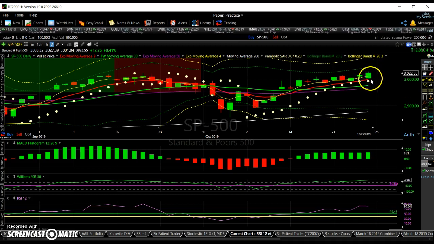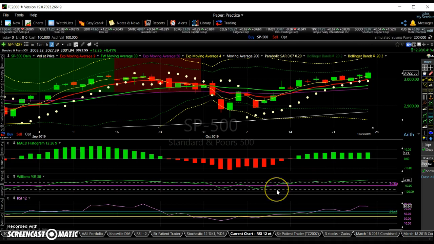The body of this candle totally engulfs the body of this candle, which is more like a doji, a small body candle. And so that's bullish. You have parabolic looking bullish since it became bullish here, and you have a bullish engulfing candle. We have room at the top. We are not at that 2 standard deviation line yet. And when we go down to MACD, we can see that MACD is in bullish territory.